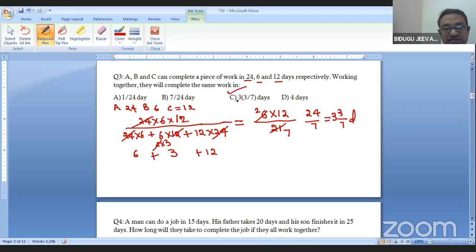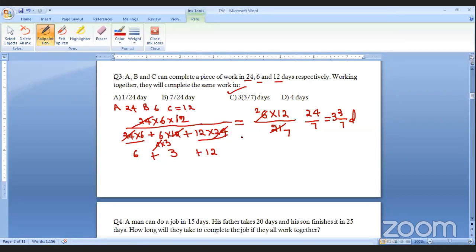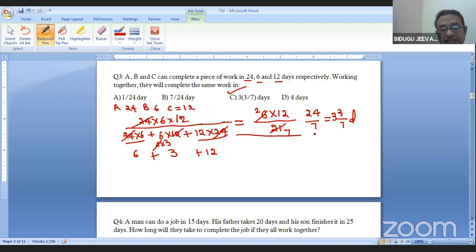So your answer is C. Is it clear, all of you? Simple simplification. You did not multiply 24 into 6. 12 into 24 is a very big process. Understood? Yes, sir. I do it in another method.